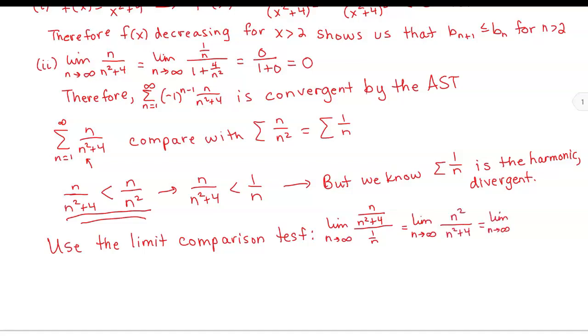I'm going to divide both top and bottom by n squared. When I take the limit, I'll get 1 over 1 plus 0, which is 1. That happens to be positive.